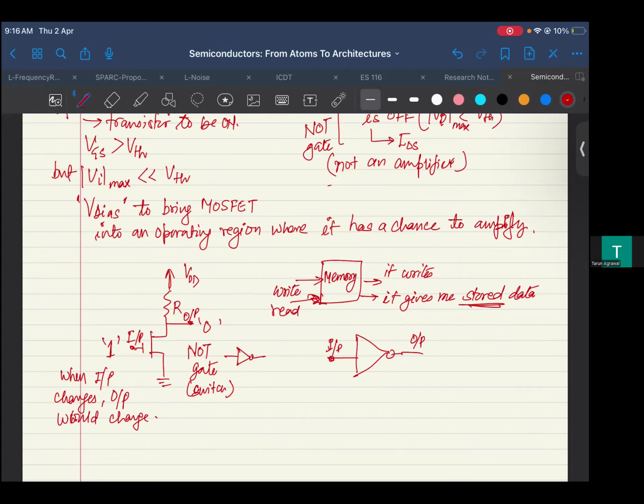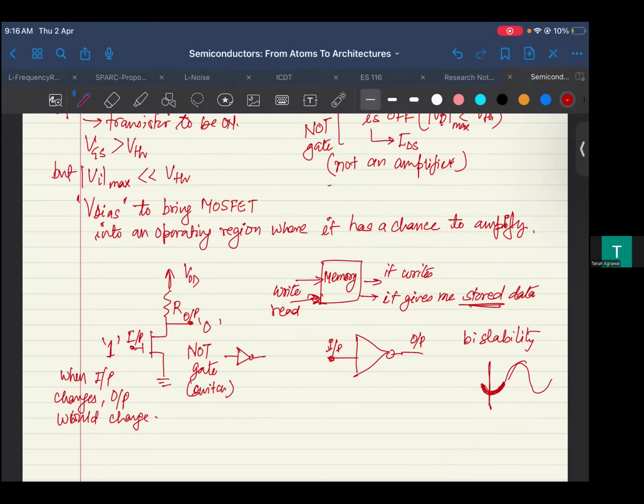So that means it does have some kind of multistability or bistability, right? Stability means that, as of now, whenever you are changing the input, your output is changing, right? Because your input is changing, your output is changing.